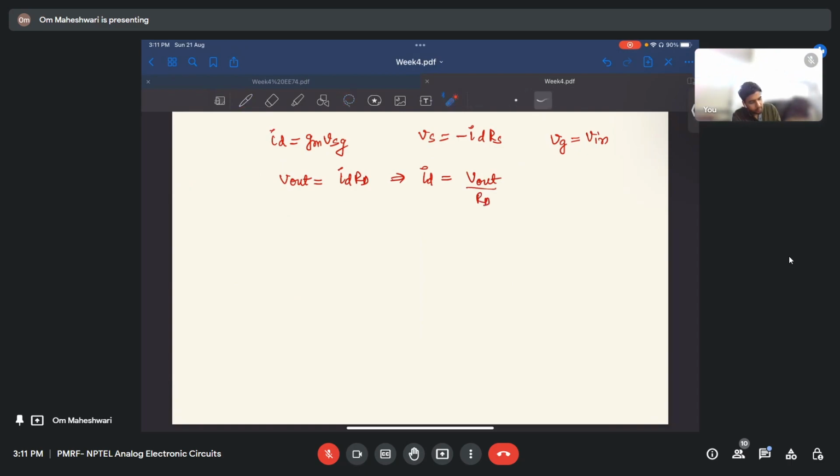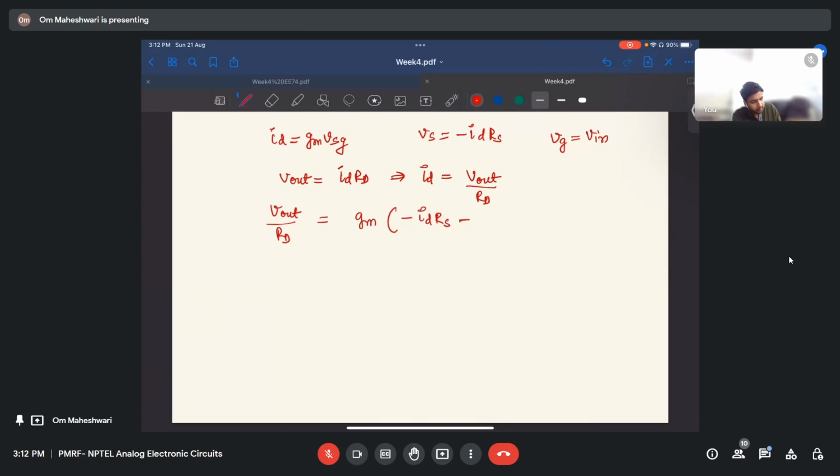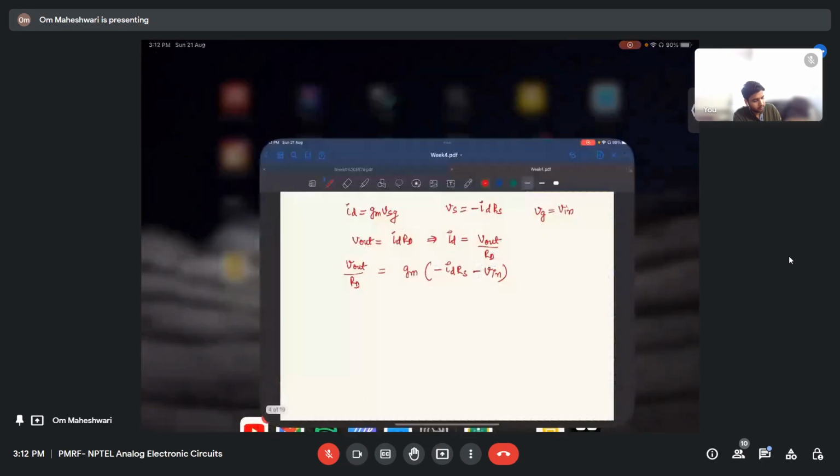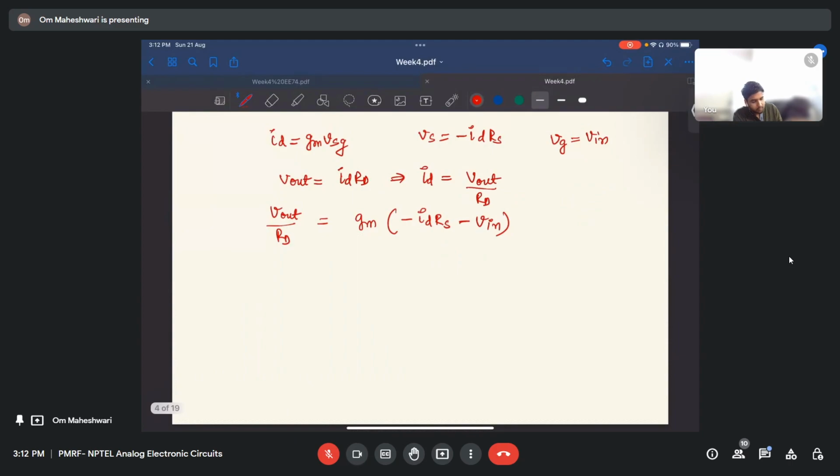Now we will put this value in this equation for ID, and we will put these Vs and Vg values also. So we get V out by RD equals Gm times Vs, which is minus ID Rs, and Vg is V in. Sorry, let me take common.